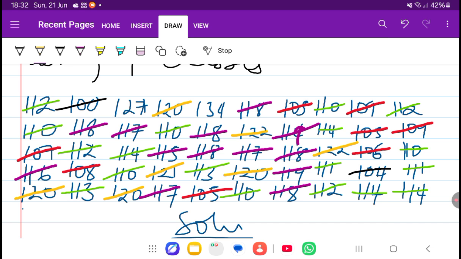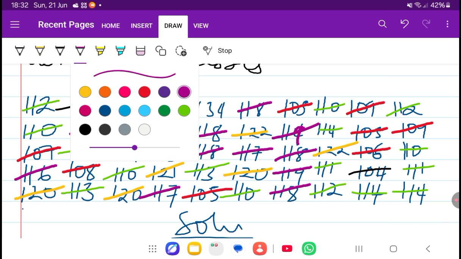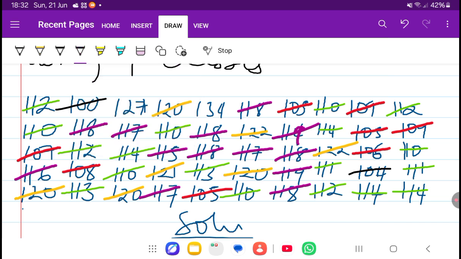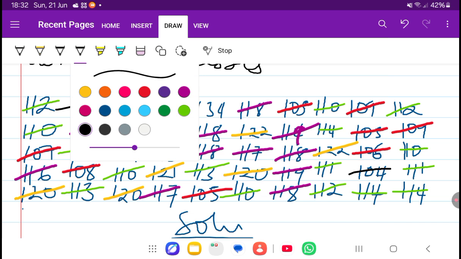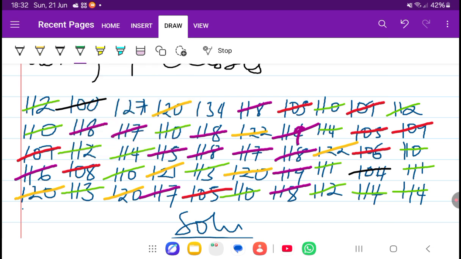Now 125 to 129. You can also pick another color. We take this green. Now 125 to 129. 125 to 129, this one.